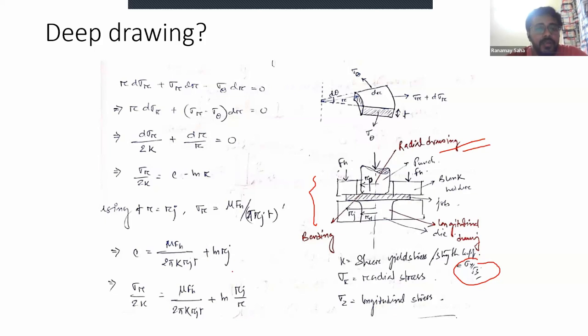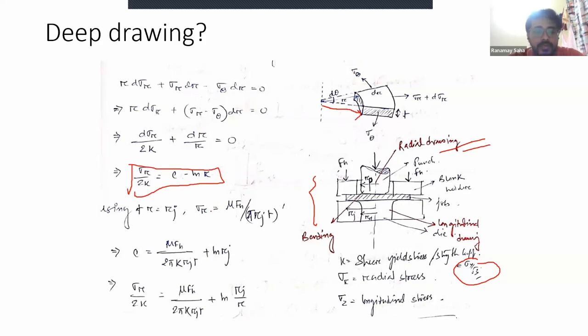Now you do the force balance similarly to the earlier two cases, with r d sigma r plus sigma r dr. You neglect the terms which contain double differentials, and you get to this equation: sigma r by 2k equals a constant C minus ln r, the natural log of the radius, of the particular chunk.